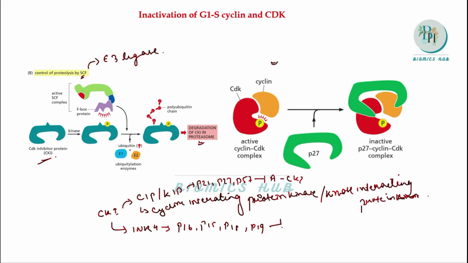What does it do? It inhibits CDK4 or 6 and it inhibits cyclin D. Here we have an active cyclin CDK complex. The P27 which is present inactivates it when it comes and binds to the cyclin CDK complex. In this way, the G1S cyclins as well as the CDKs are regulated.